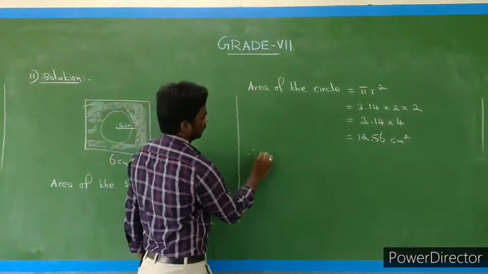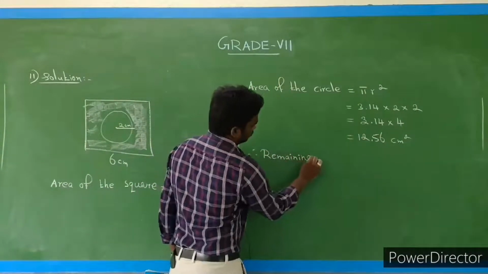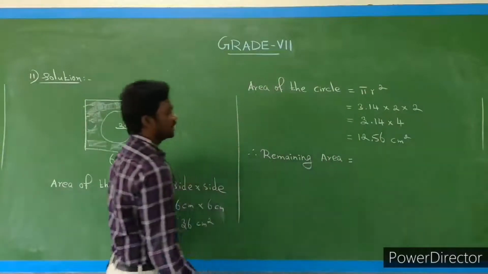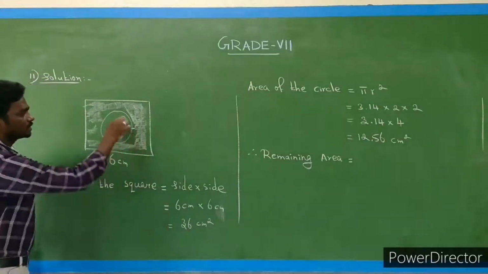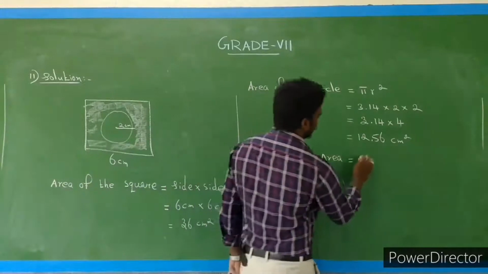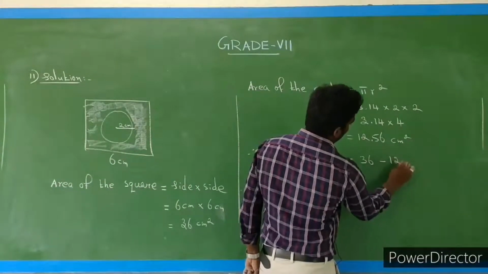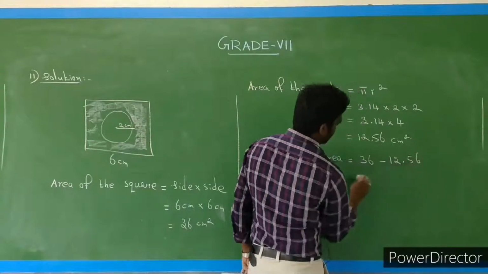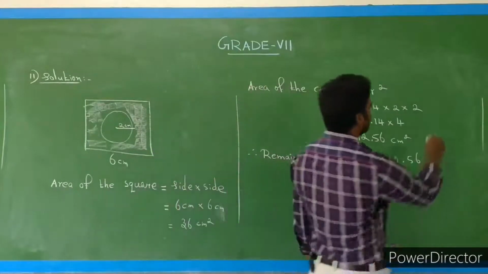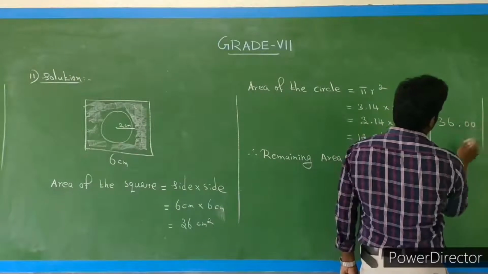Therefore, remaining area is equal to, we can subtract the area of the circle from the area of the square. So area of a square value is, what is that? 36 minus 12.56, which is equal to, what is the value of 36 minus 12.56? 36.00.